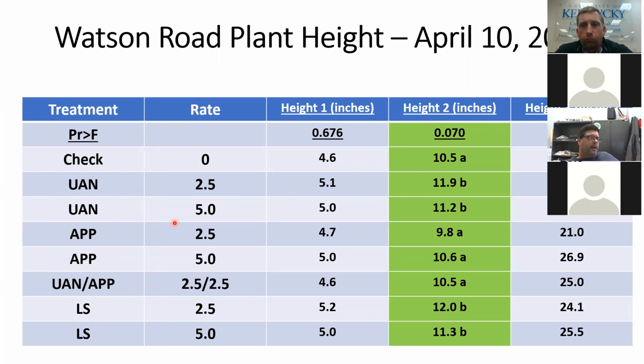What about plant height? Well, we did see a statistical difference here. Pretty much most of the products, or the UAN and the low salt, were taller than the check, 1.5 inches taller at 2 weeks. Is that a big deal or not? Well, it didn't happen before, it didn't happen after. Maybe that was just an anomaly, maybe that's real, but we'll address that here in a minute.